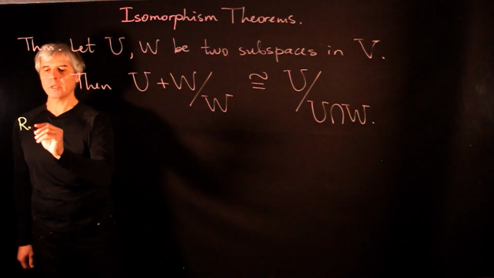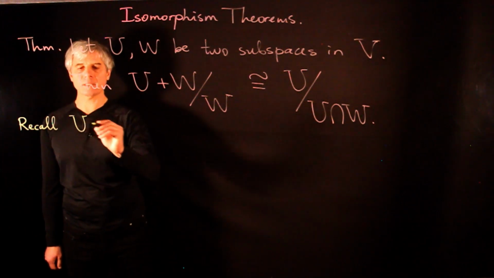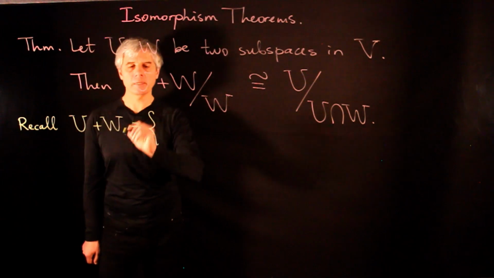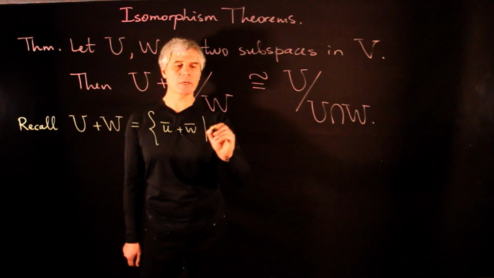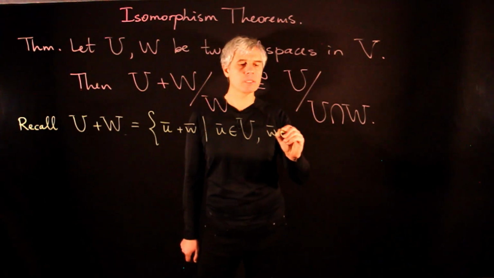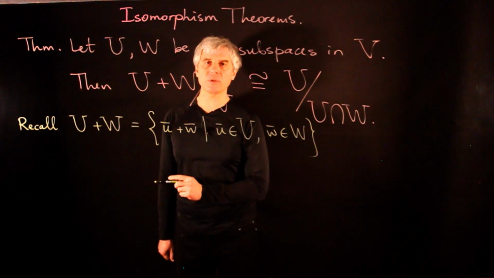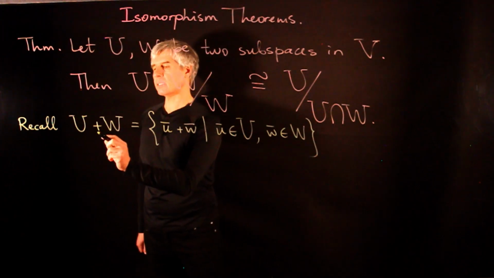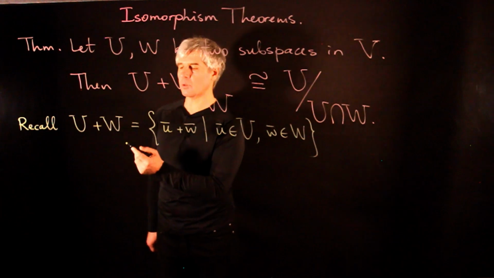So here we recall that the sum of two subspaces is defined as a subspace in V that consists of vectors of the form u plus w, where u runs over U and w runs over W. This is similar to the definition of a direct sum, only for direct sums we also require that the intersection of these two subspaces must be trivial, that is a zero vector.